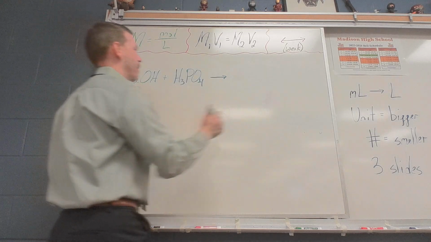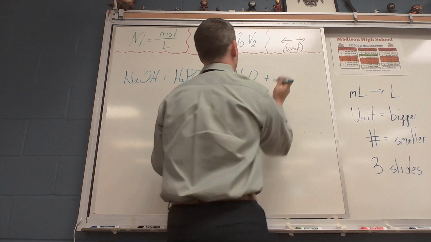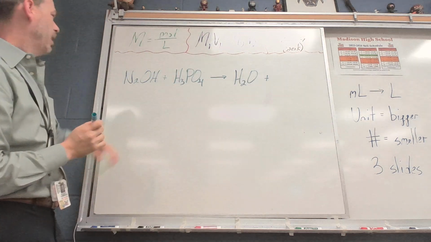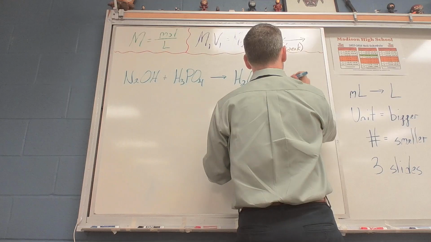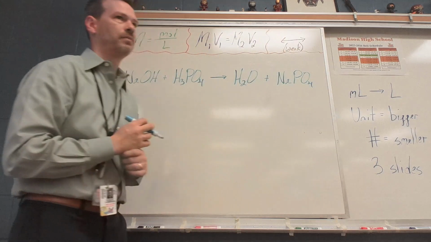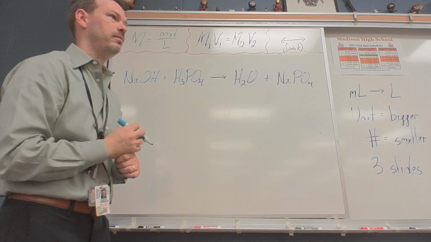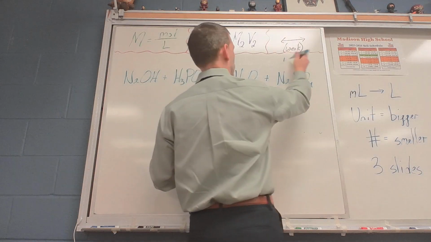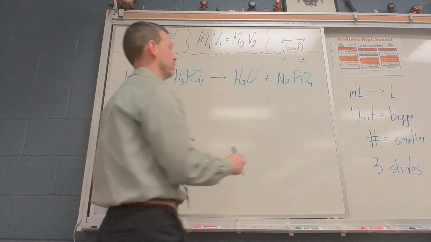So switch them, and you're going to get HOH, but I'm going to write it like a grown-up. And the sodium is going to marry phosphate. But this is +1 -3, so there will be a cross.